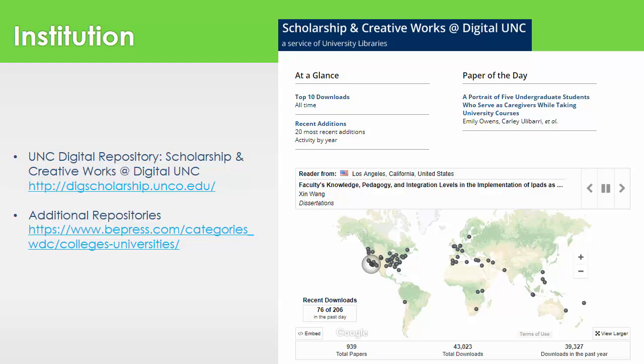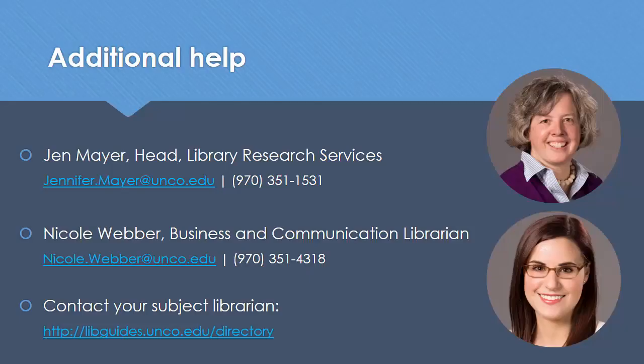If you have material in our repository, you will get download reports on how many times your work has been downloaded. If you're interested in posting your work, you can post it yourself, or please get in touch and the libraries can help you with that process.